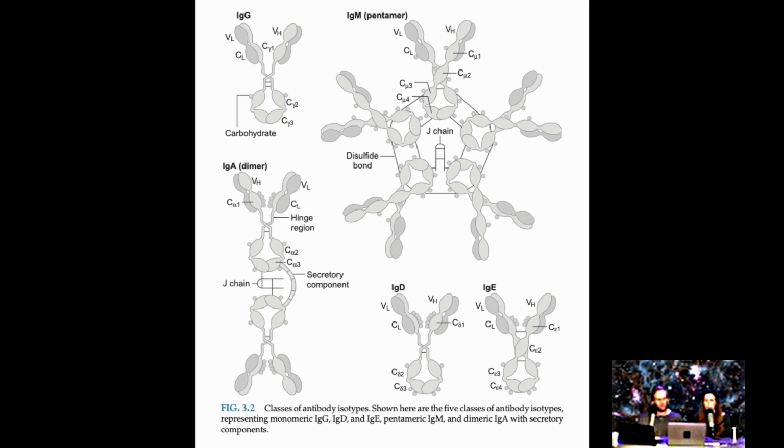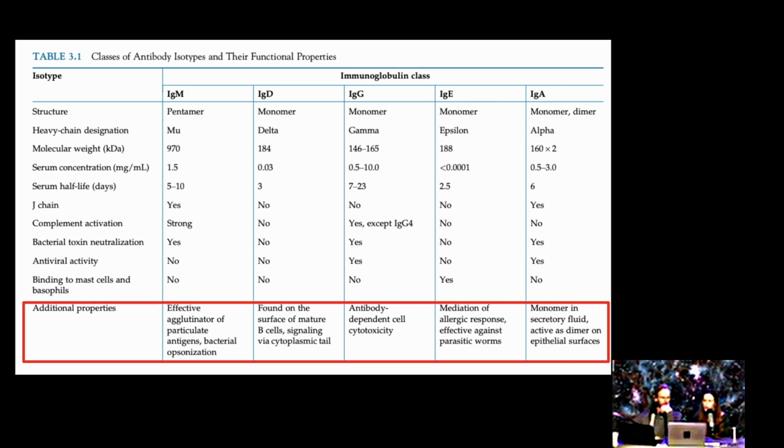You have IgA, which is a dimer, capable of being secreted because it has this secretory component that links these two pieces together. And then you have IgD and IgE. IgE and IgD are also secreted. Nice chart, actually, that follows on the next slide.